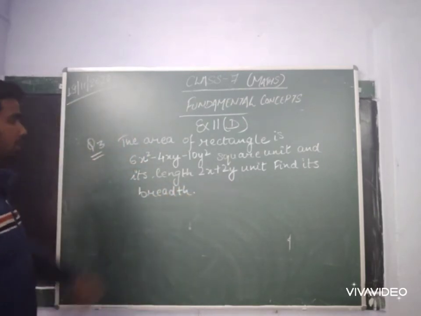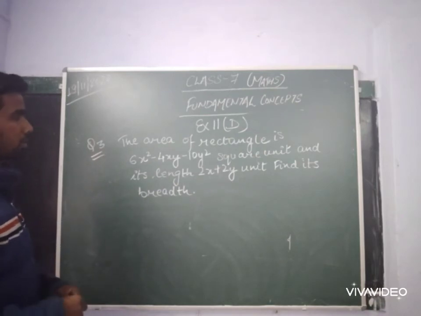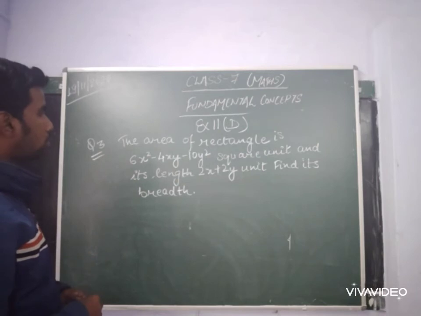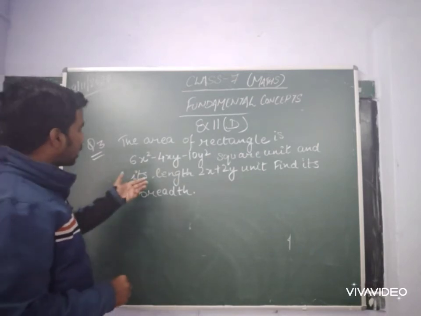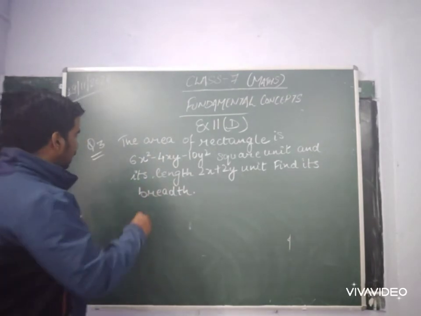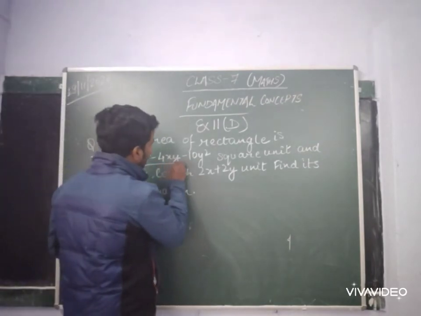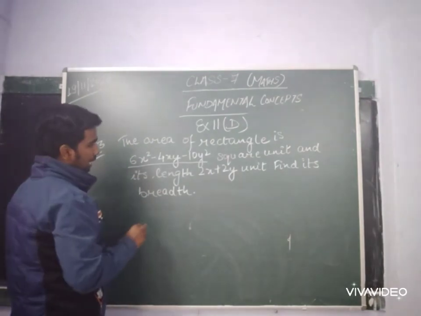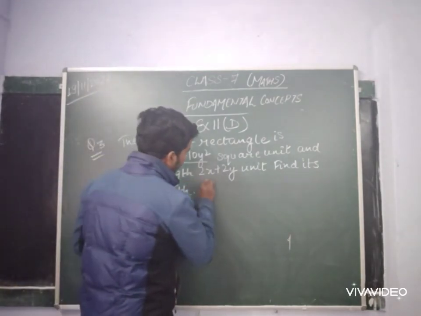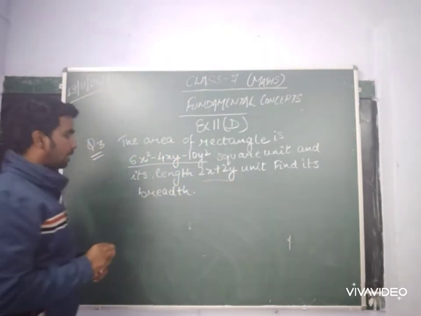Clear? I have written this question because it may be easier for you to know what the question is actually saying. So area is being given to us, and that is 6x square minus 4xy minus 10y square, and length is being given 2x plus 2y.